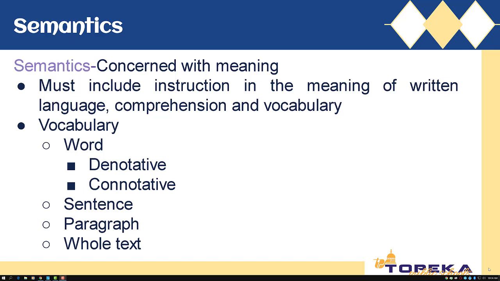You can also look at vocabulary within the sentence, paragraph, and whole text level. And we know that how those words are used in isolation, within a sentence and a longer paragraph, can impact its meaning and understanding of how that word is being used. We can also look at stylistic meaning, and this reflects the social situation.